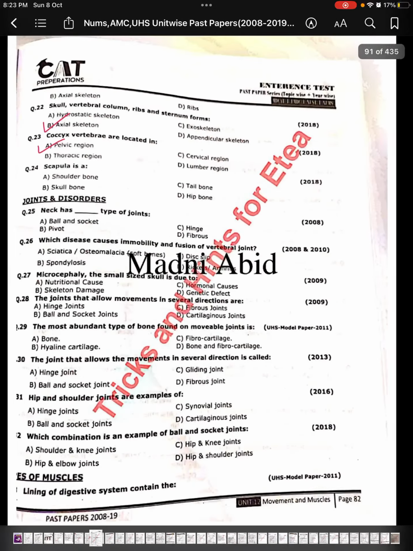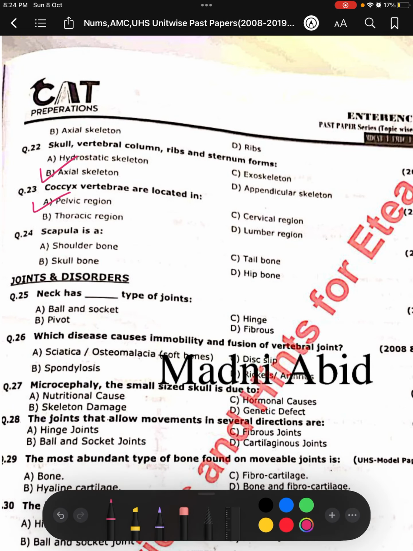Because we know that here we have this triangular bone, sacrum, and above it we have this coccyx bone. Scapula is our shoulder bone.